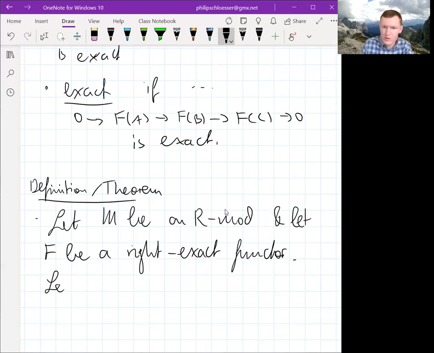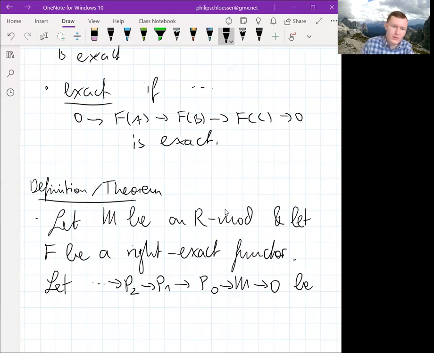Then we can choose some projective resolution of M: ... P2, P1, P0 to M to 0.